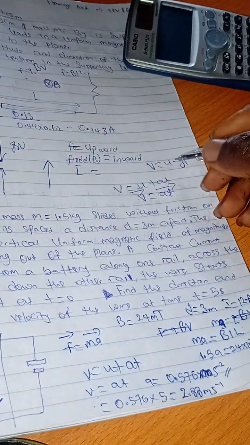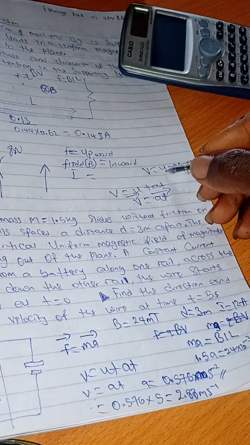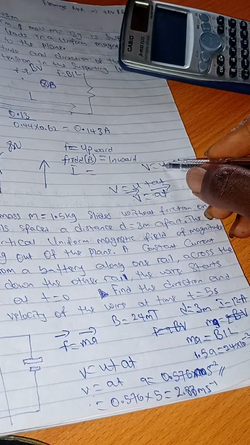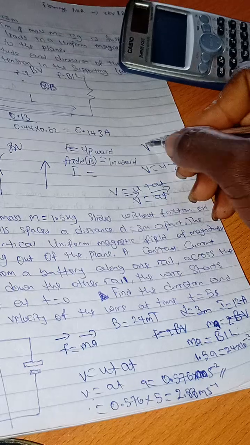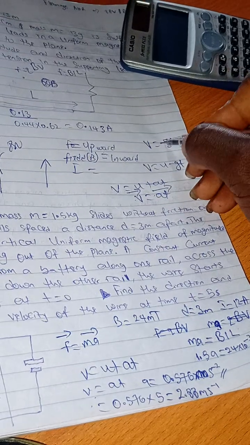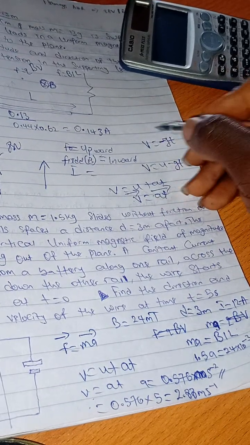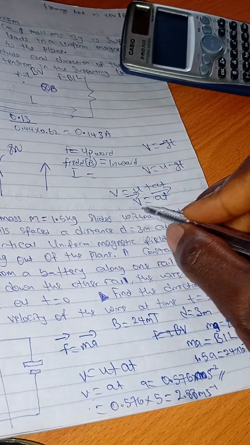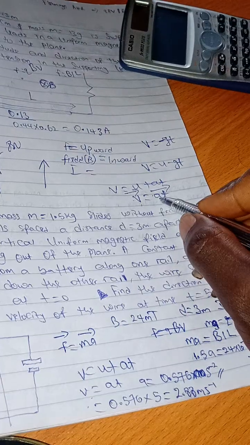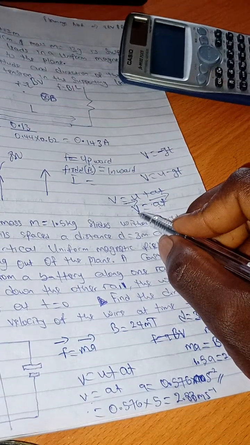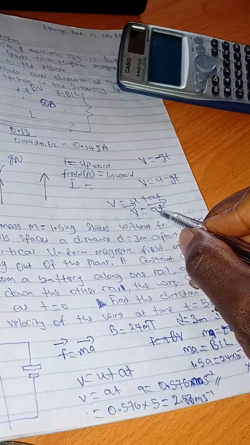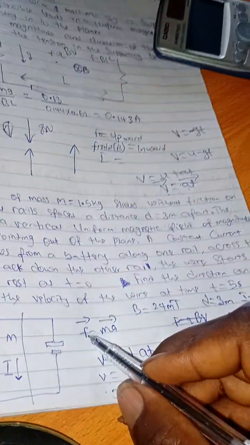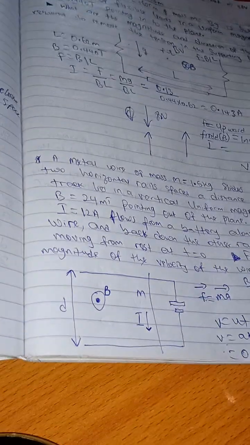If it's moving downward, it's plus. So assume it starts from rest, v is equal to minus gt. Then if my velocity is like this, the acceleration will be like this because I have minus here. But with plus, plus, whatever the direction of my acceleration is the same as the direction of my velocity. So how do I get the direction of my acceleration? By getting the direction of the force. Do we get? So now let's find the direction of the force.